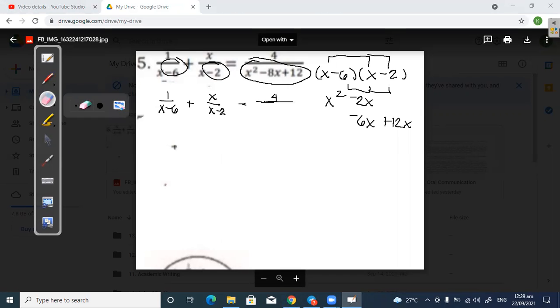It's just 12. Simple constant. Okay, so simplifying, x squared minus 2 minus 6, that is negative 8x plus 12. And take note, yan. So, ibig sabihin, pwede nating i-write to as factors. I-breakdown natin siya. So, x minus 6 times x minus 2.